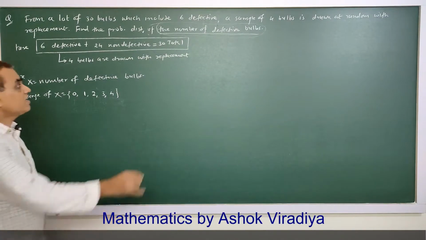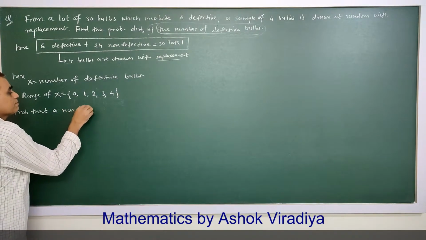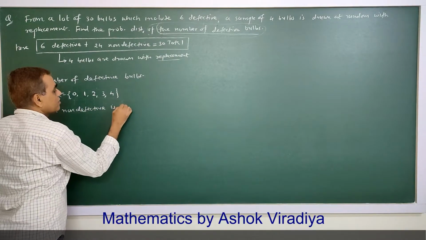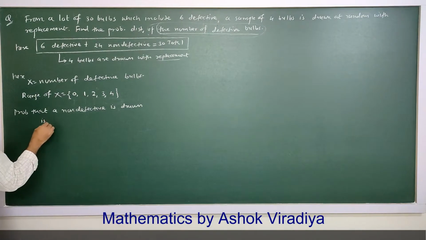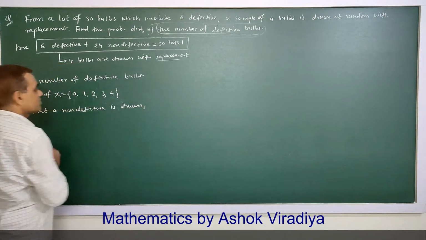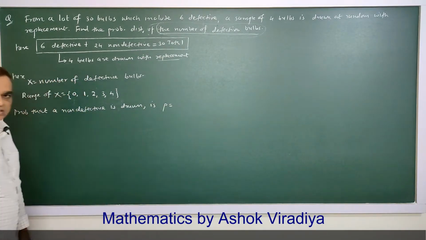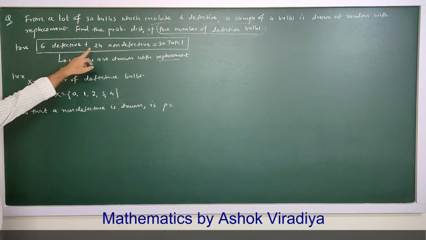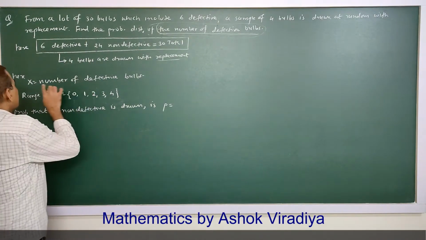Now, because we are taking with replacement and one by one, let me define the probability of each action. X is the number of defective bulbs.